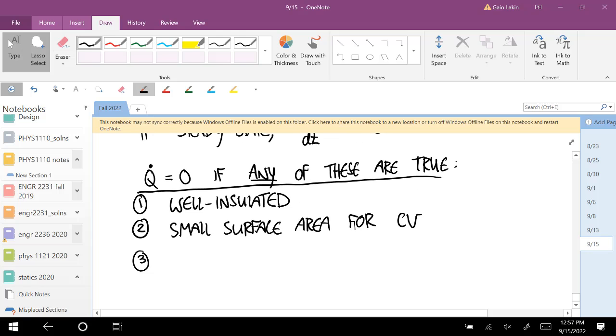Third, if there's a small temperature difference between the control volume and the surroundings.